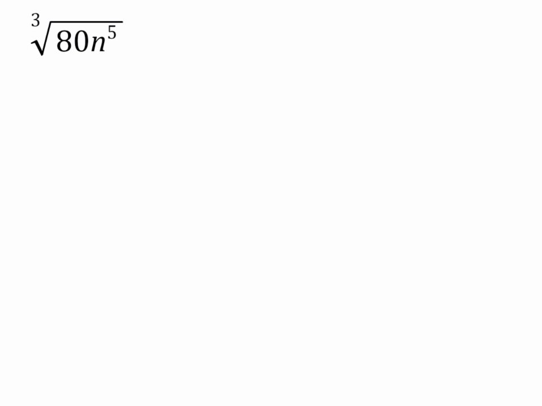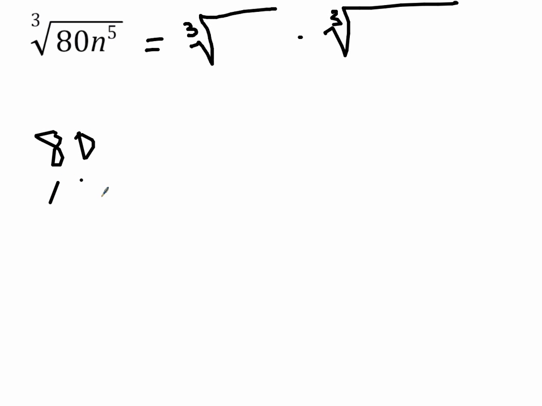Okay, let's do it one more time, except this time with perfect cubes. What we're going to do is rewrite this as an expression of things that are perfect cubes and things that are not. So we want to break 80 down into something that is a perfect cube and something that isn't. Well, 8 times 10 is equal to 80. 8 is a perfect cube and 10 is not.